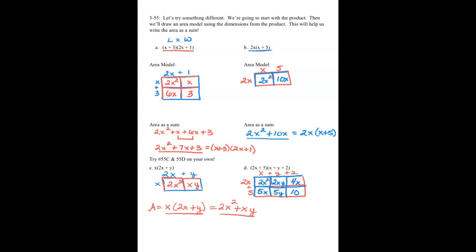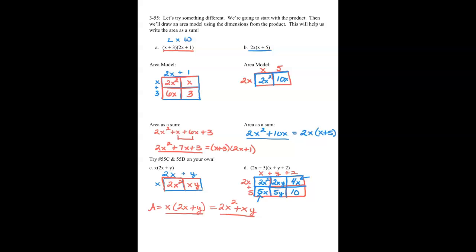Now notice the top right box right here and the bottom left box right here are both x terms. We're going to be able to combine those together when we write out our final area as a sum. What does this tell us?